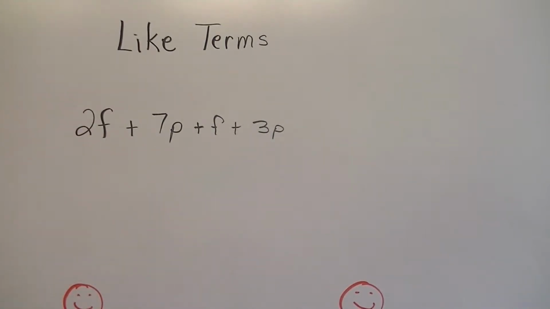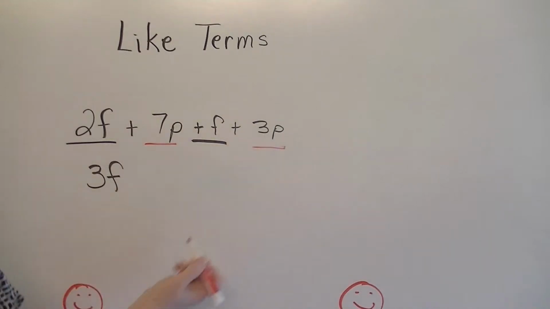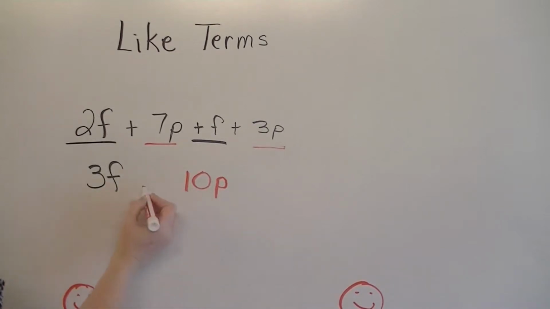So what we would do is we would look for things that are like. That's why it's called like terms. So here I've got 2 frogs and over here's a frog. So I have 2 here and 1 here, so that would be 3 frogs total. And then now if I want to find my pigs, I have 7 here and 3 here. So if I add all my pigs up, that would be 10. And I could represent it as 10P. And then we would put a plus sign since they're both positive.